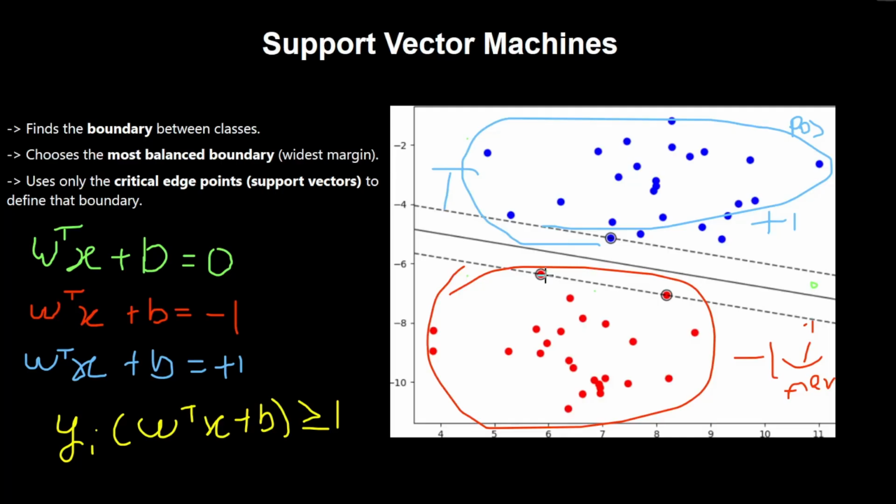Only with these edge data points, which are called support vectors, because they are only used in finding the optimal boundary of separation, the hyperplane. So let's say there are infinitely many lines which separate these two data clusters.